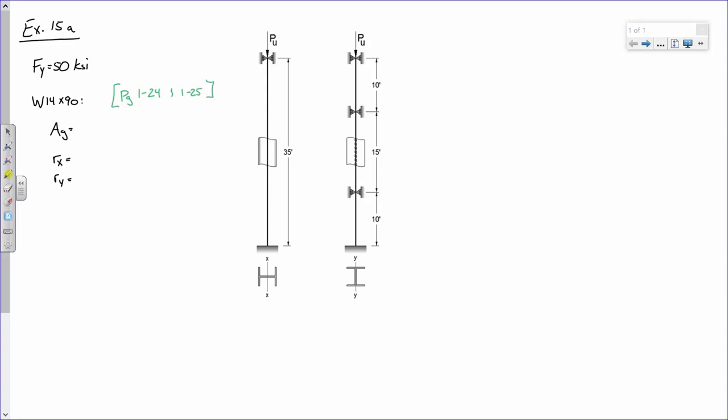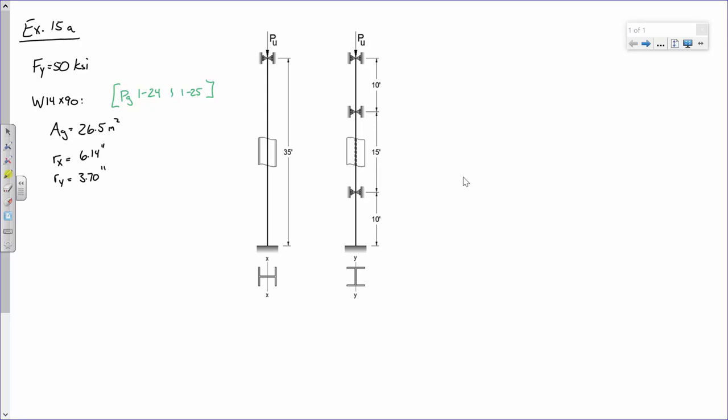So this was 26.5 square inches. And somebody else tell me what Rx is? 6.14. What's the dimension? And somebody else tell me what Ry is? 3.7. So this is 6.14, 3.70 inches. Everybody okay with that?